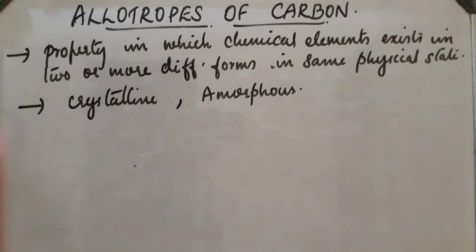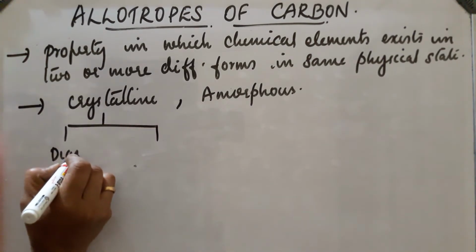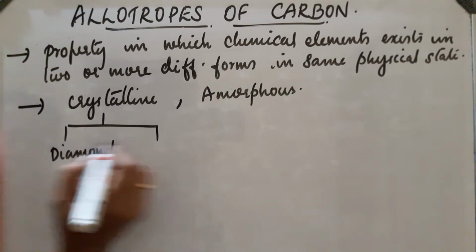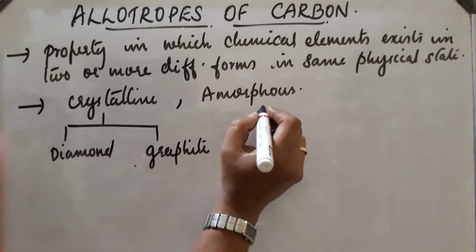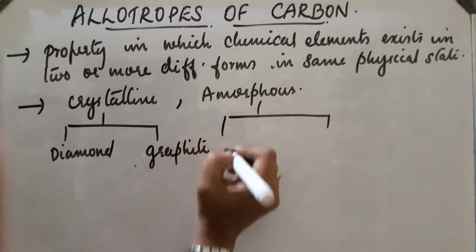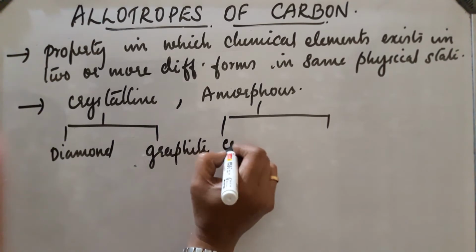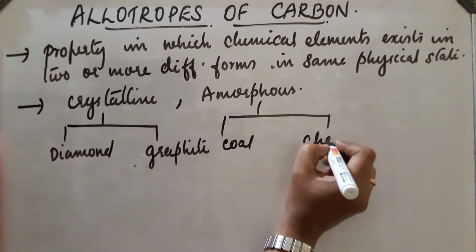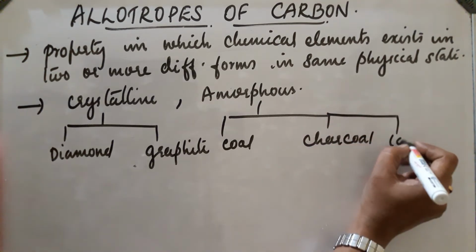Crystalline forms of carbon are diamond and graphite. Amorphous forms are coal, charcoal and lamp-black.